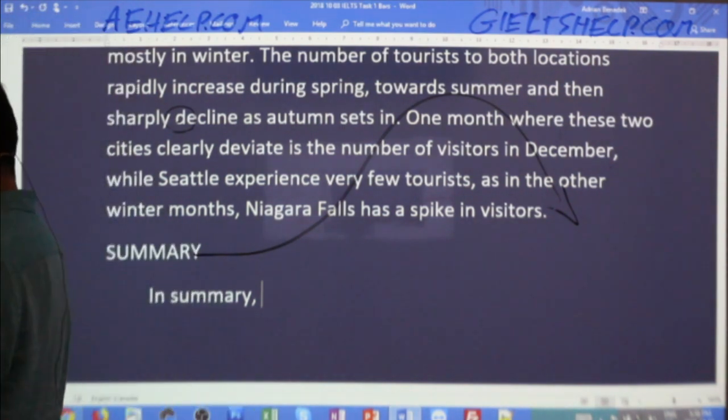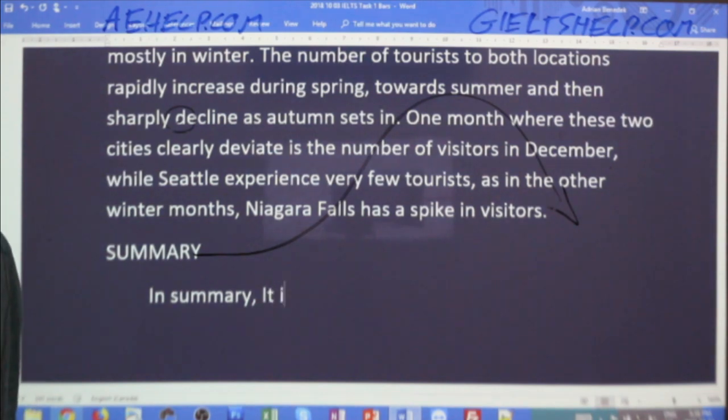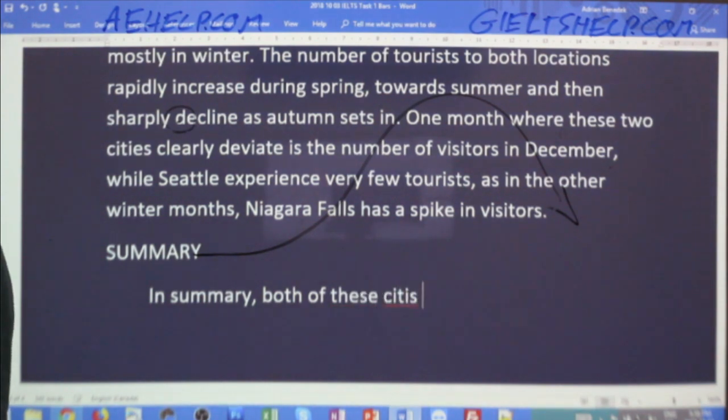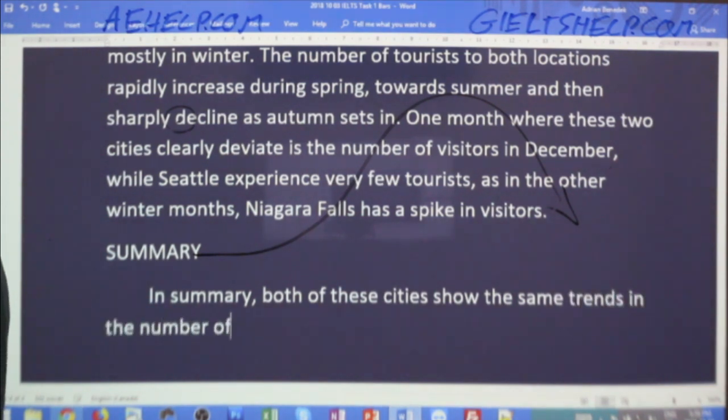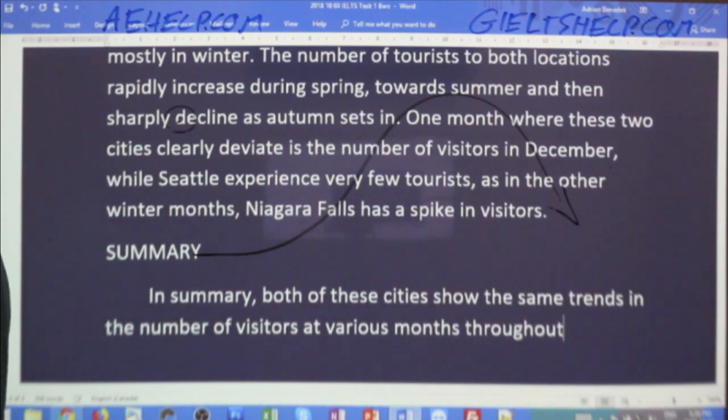So in summary, it is... Both of these cities show the same trends in the number of visitors at various months throughout the year.